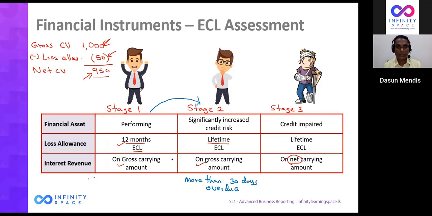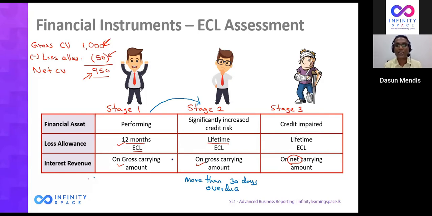Stage 2. Now, let's say there's a particular borrower who, with the relief measures introduced by the government, is not paying me, maybe for 3 months' time. Now, can I classify this loan as a stage 2 loan?